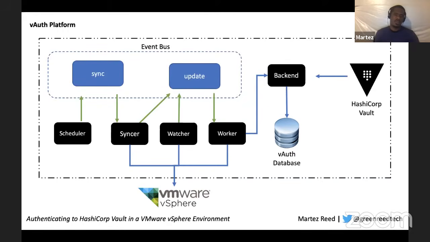A syncer performs a similar process utilizing an event bus to inform the worker to actually go out and populate the identity information. The watcher service really just watches for events such as power on virtual machine events within the vSphere cluster to ensure that those machines, as they come up, are being populated with the identity information.